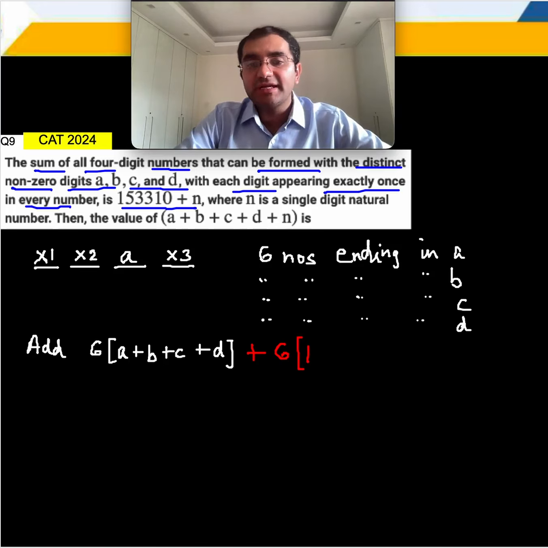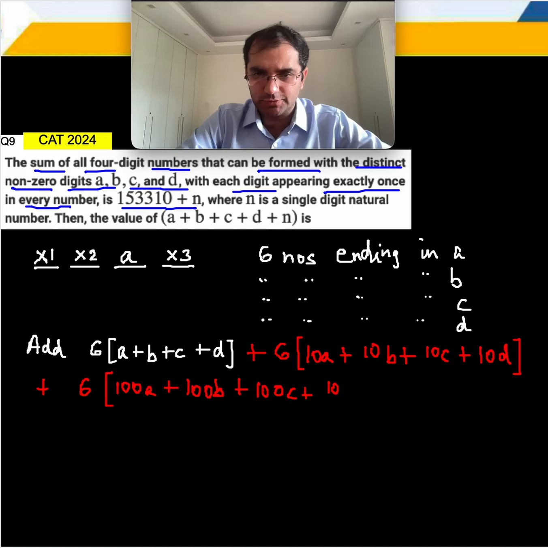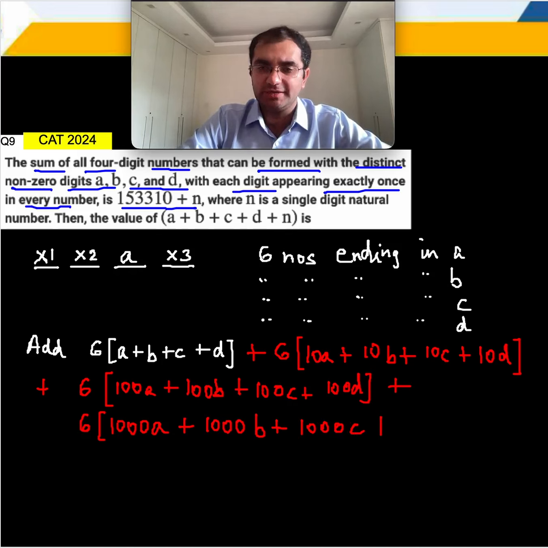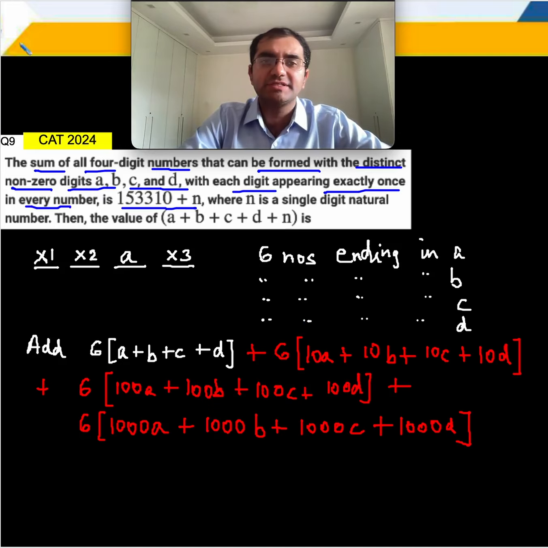Then for B, 10B, then 10C, then 10D. Then the hundreds position will become 100A, 100B, 100C, 100D, and then the thousands position also something similar. इन सब में से हम A plus B plus C plus D कॉमन ले लेंगे, ठीक है? तो यहाँ पे इस ब्रैकेट में से 10 कॉमन ले लो, इसमें से 100, इसमें से 1000.